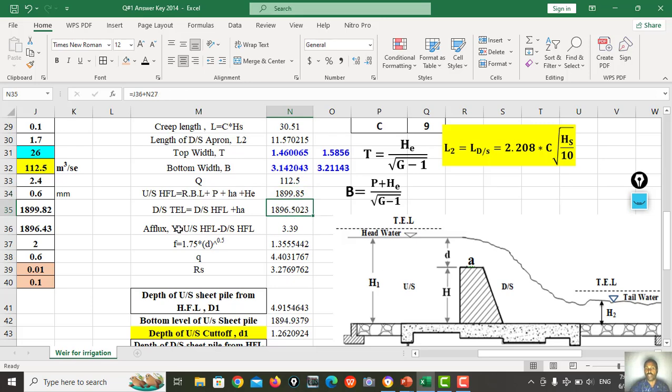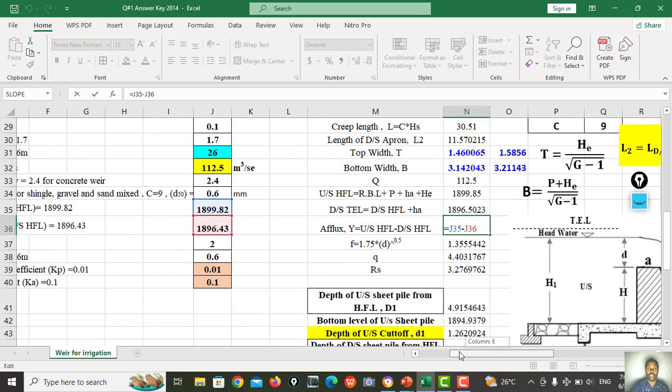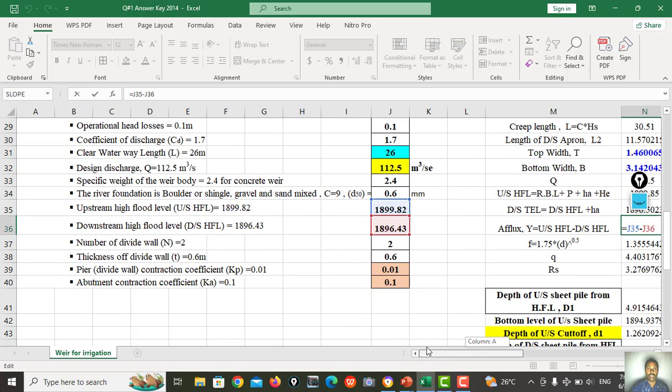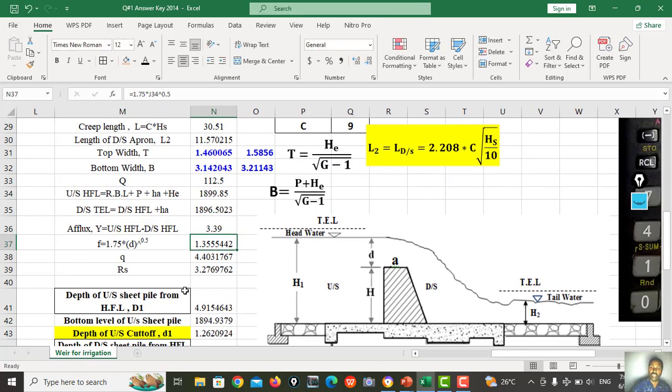Then afflux or Y, which is the heading up of water due to the obstruction of a weir or bridge, near the bridge or near the weir, is this one. So upstream minus downstream HFL, you just have these values already. You can see upstream HFL and downstream HFL. So you get this result.